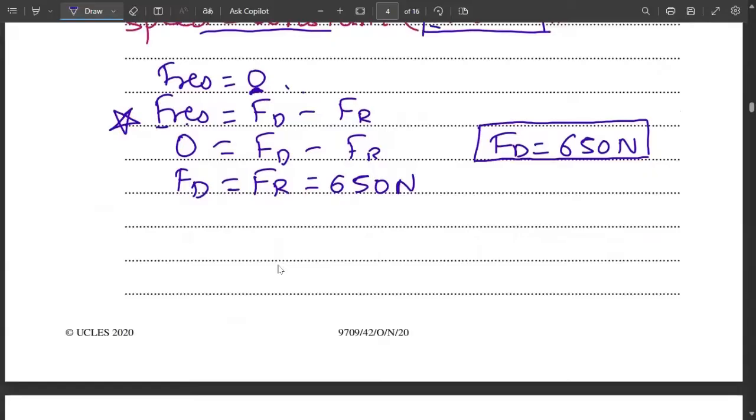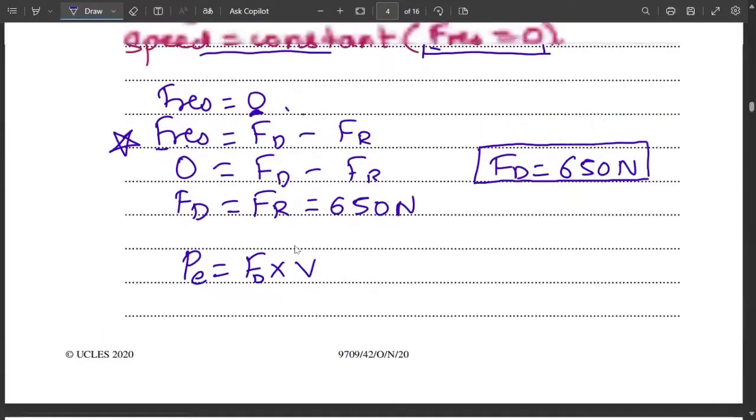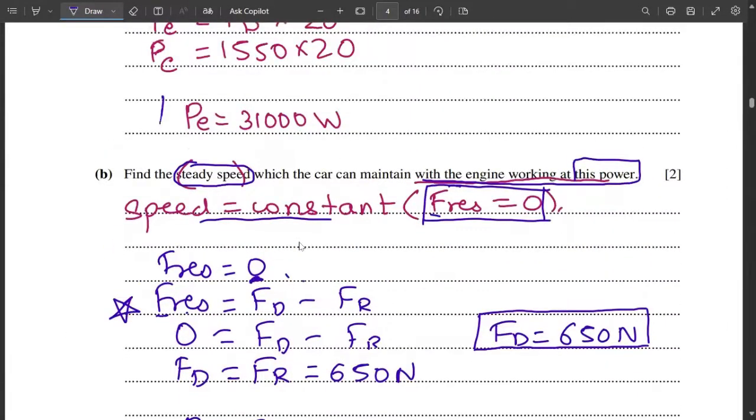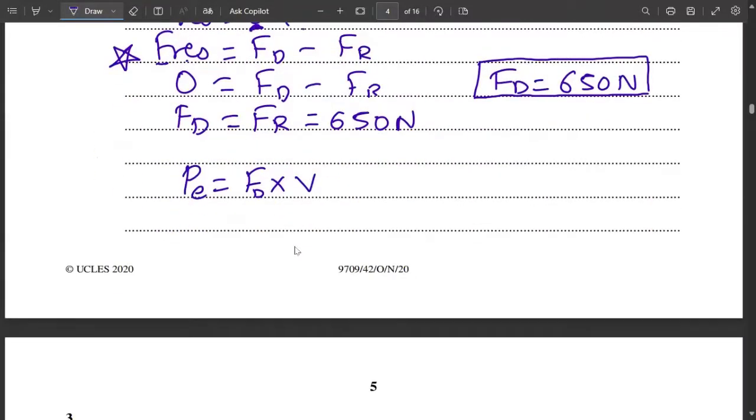So as driving force is 650 Newton, we now know power equals force into velocity, power of engine and driving force here. And the car can maintain with engine working at this power. This power means which power? The power which we found out in the previous question. So now we know the power, we know the driving force, we can find the velocity, constant velocity.